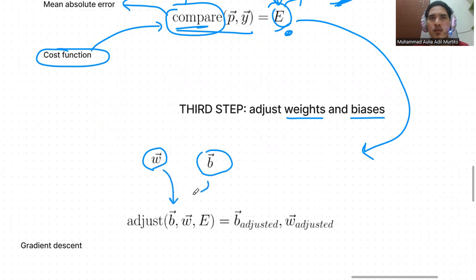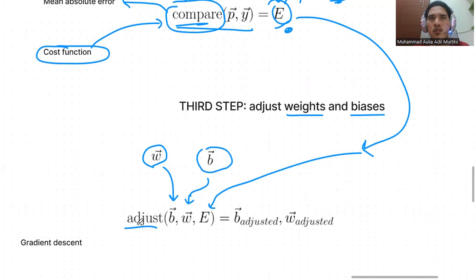We have a function named adjust, and we insert w and b, along with the error, e.